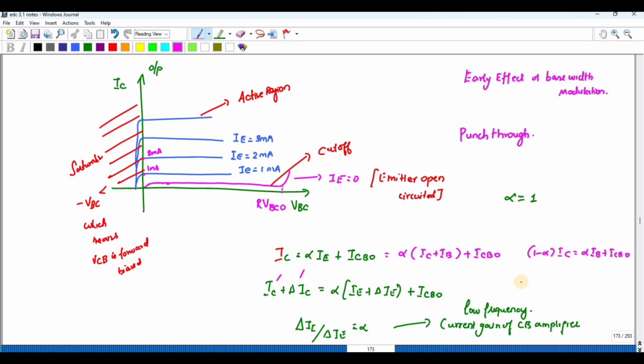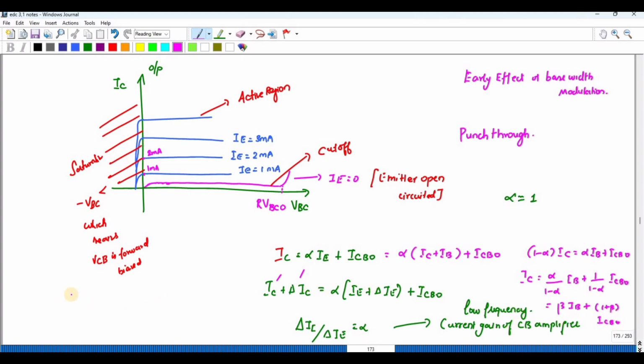This is nothing but IC is equal to alpha divided by (1 minus alpha) IB plus 1 divided by (1 minus alpha) ICBO. This I can write as beta IB plus (1 plus beta) ICBO.